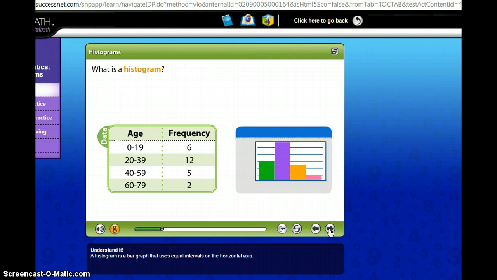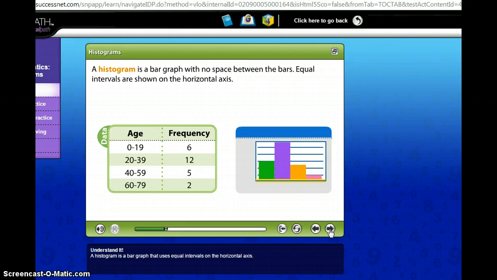What is a histogram? A histogram is a bar graph with no space between the bars. Equal intervals are shown on the horizontal axis. Okay, so you notice there is no space here, no space here, no space here. With the histogram, you make the bars sit right next to each other.